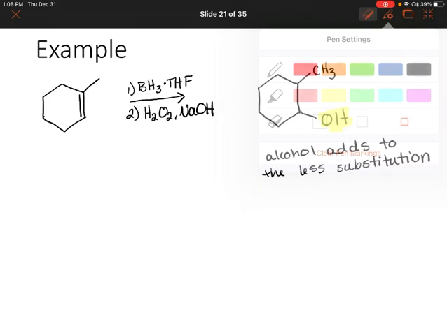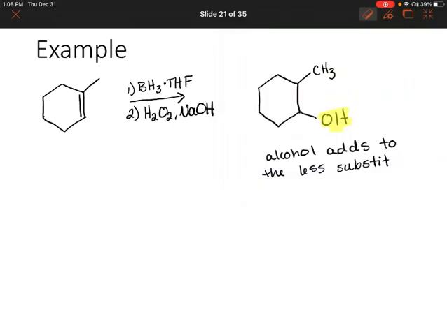It's hard to talk and write at the same time. Less substituted, there we go, carbon. So again, this is an anti-Markovnikov addition.